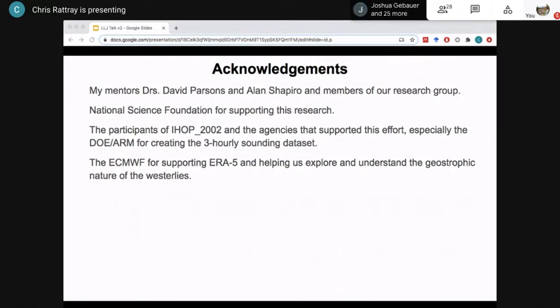While we're waiting for anybody else to chime in in the chat box, I have a general question. In the example you were showing for the 10th of June, you were showing the change in theta V and the change in the downwelling longwave radiation.